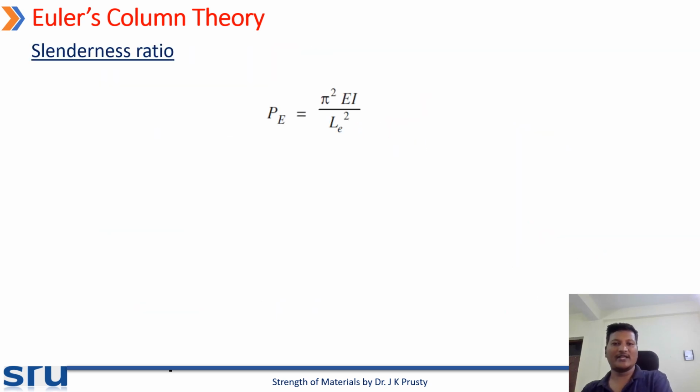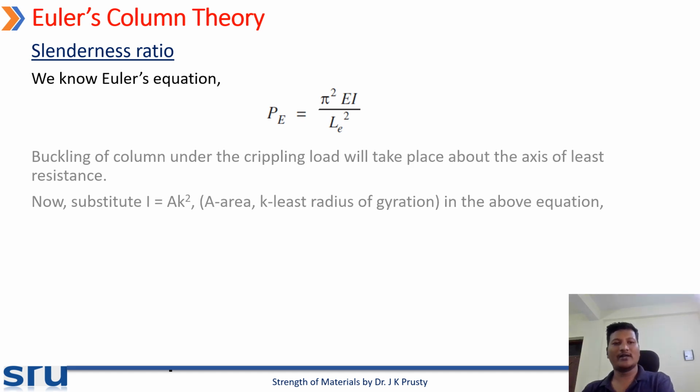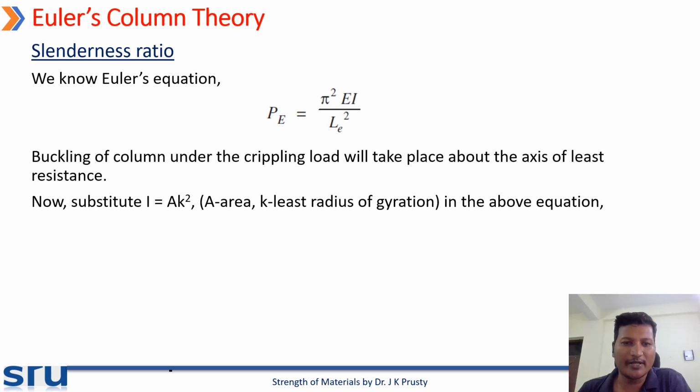Now coming to slenderness ratio. So what is slenderness ratio? We know Euler's equation already, PE is equal to pi square EI by LE square. The buckling of the column under the crippling load will take place about the axis of least resistance.